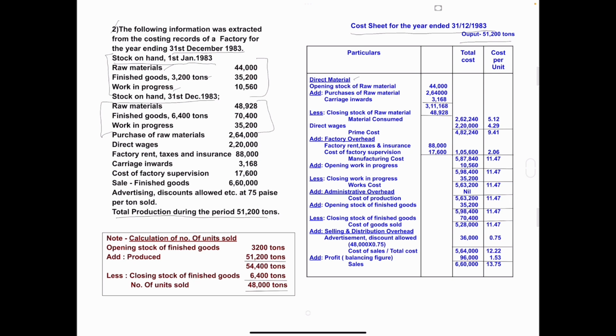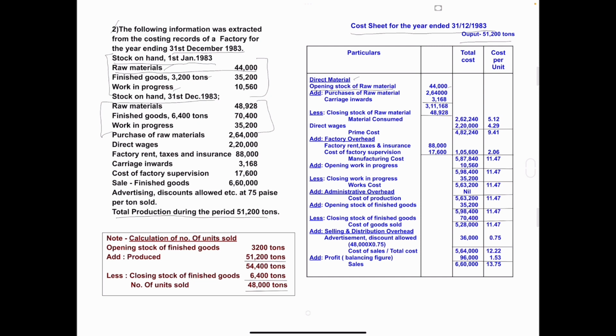In that first we have to take opening stock of raw material. See in the problem, opening stock on hand 1st January 1983, that is the opening balance. So opening raw material is 44,000. So write in the solution part, opening stock of raw material 44,000.